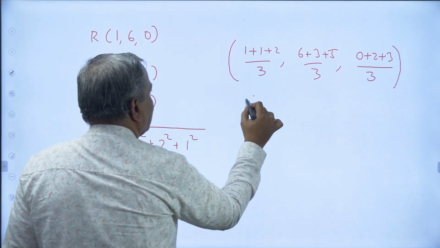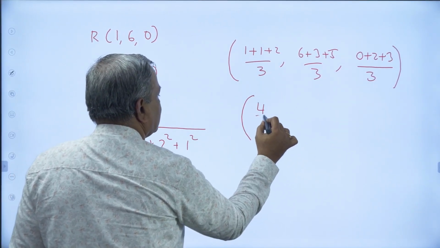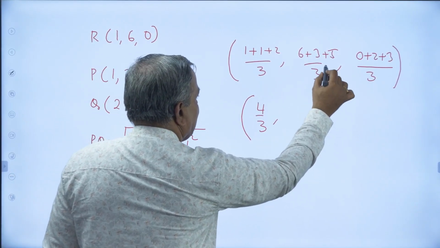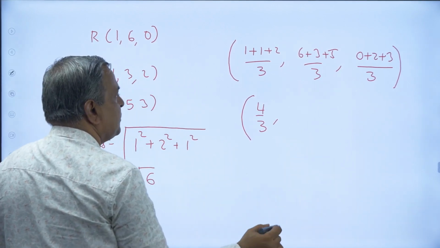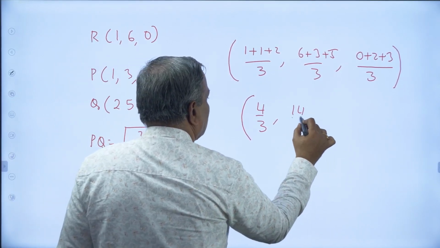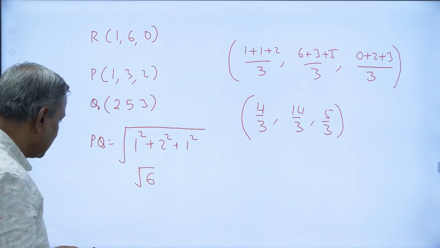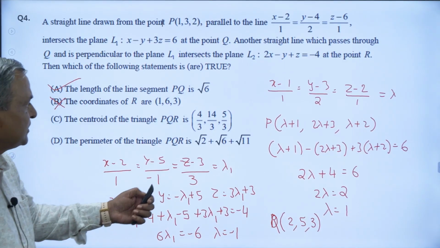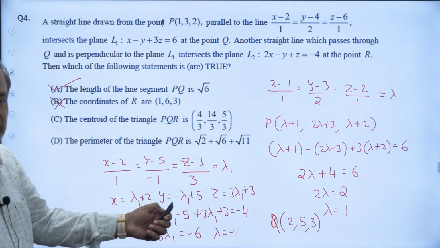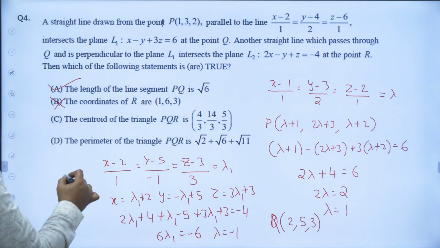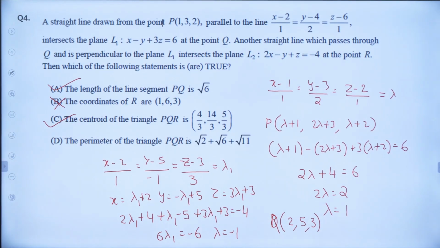So what do we get here? We get this is 4 by 3, and this is 9 plus 5 is equal to 14, 14 by 3, and this is 5 by 3. Let's check, is it given? Centroid, yes, 4 by 3, 14 by 3, and 5 by 3. So option C is also correct. A is correct, C is correct.